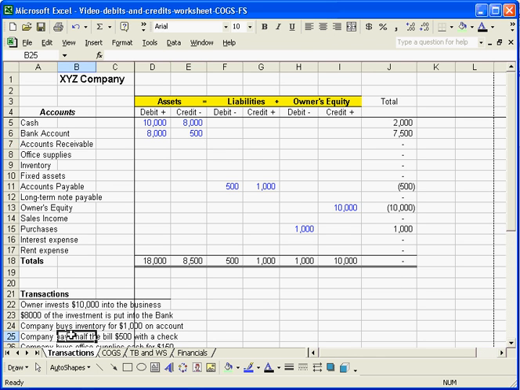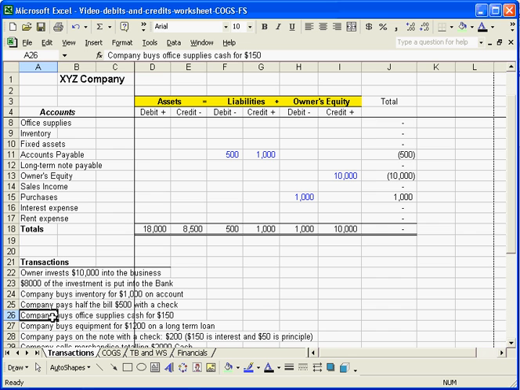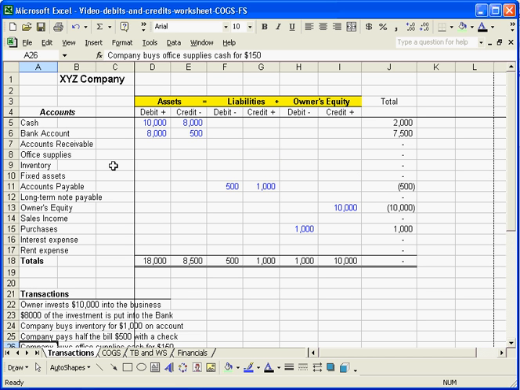Next, it says here that the company buys office supplies for $150 cash. Office supplies are things like paper, pens, notepads, and things that we need for the day-to-day operational activities in the office.